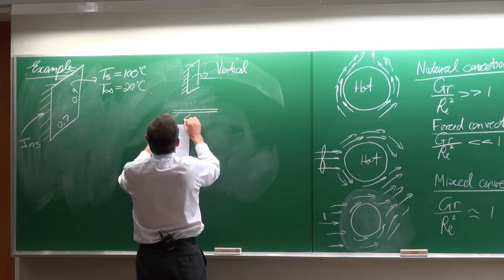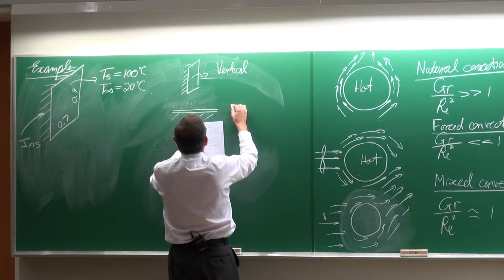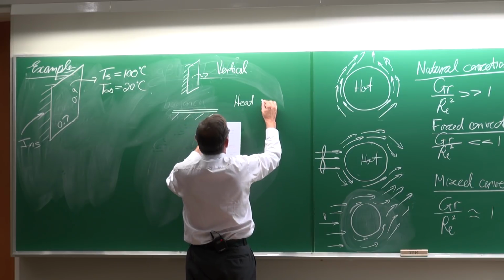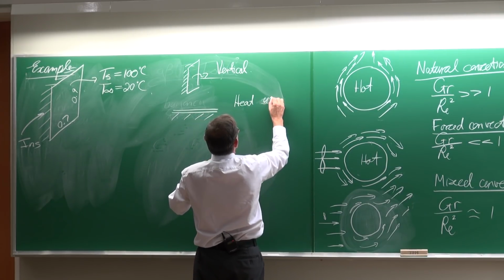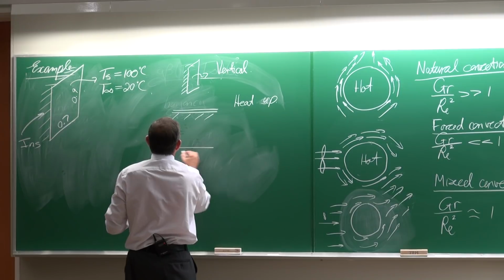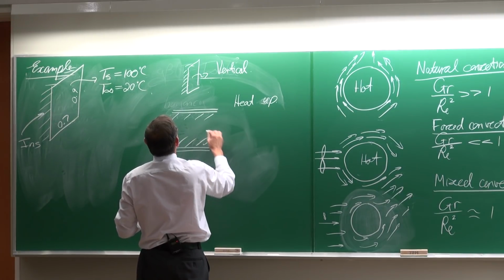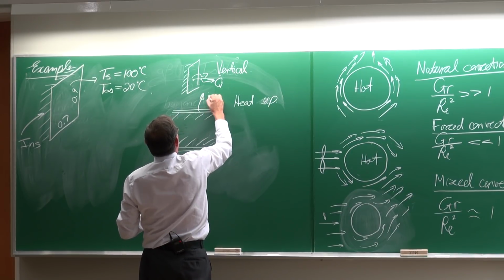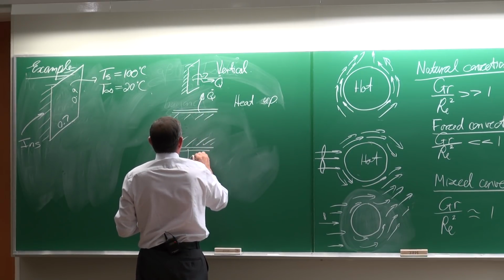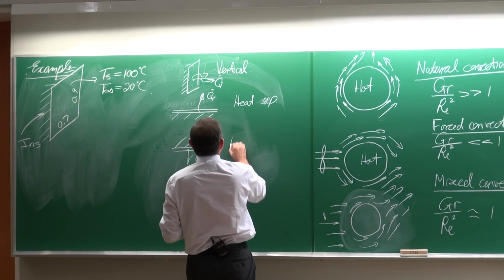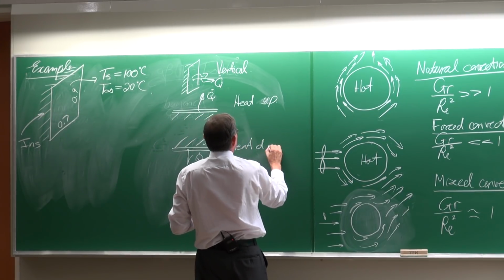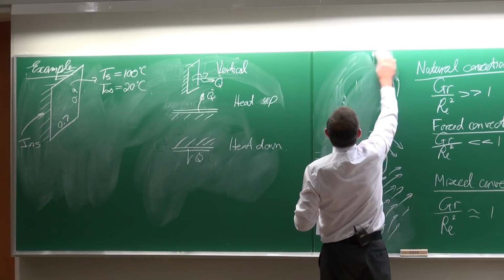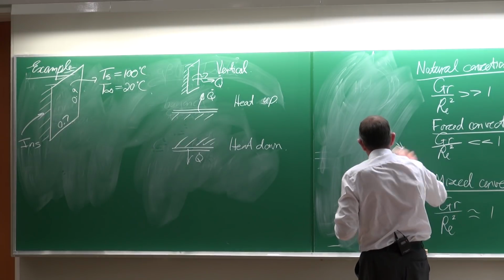Then the other one is going to be the heat transfer going in an upward direction, and for this one going in a downward direction. So we can show the heat transfer going up like that, and then that one going like that. Heat transfer facing down. So those are the 3 possibilities.